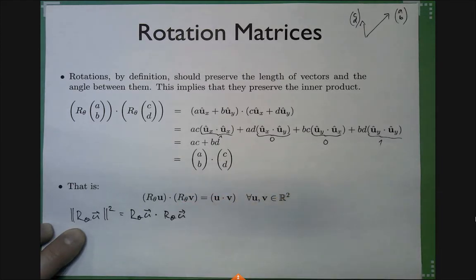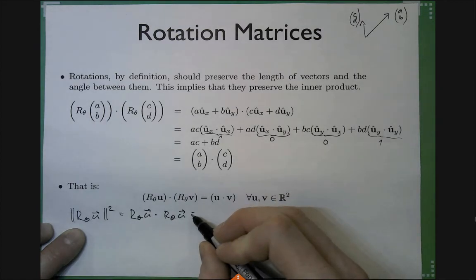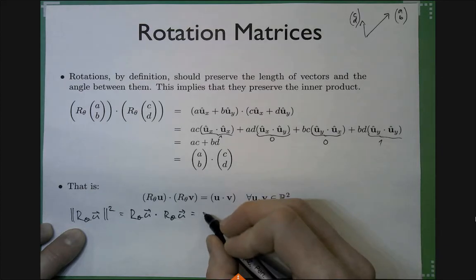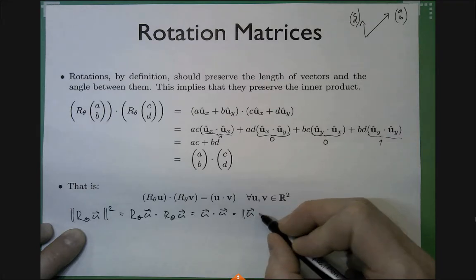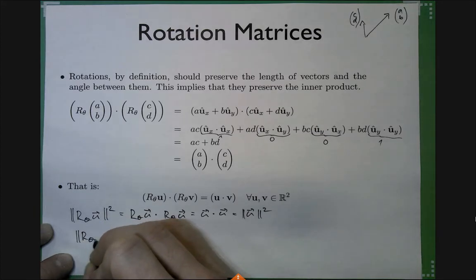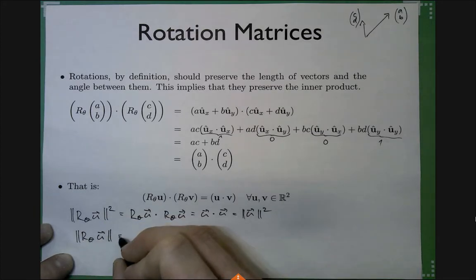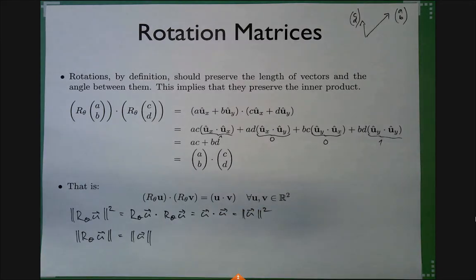That's just a special case of the formula we have just derived, which means that this is just u dot u, which is by definition the squared norm of u, right? I can easily take the square root on both sides, and I can see that indeed the norm of the rotated vector is the same as the norm of the unrotated vector for any vector. Everybody copies? Good. That's sort of obvious, right? That by just rotating vectors, I should not be able to change their length.